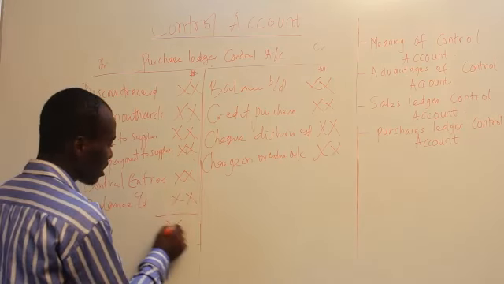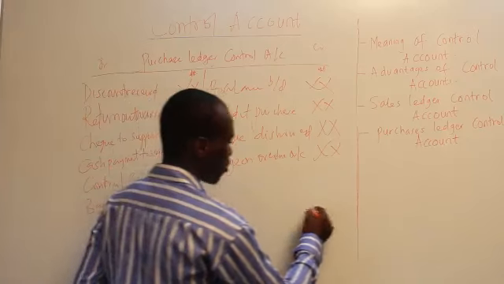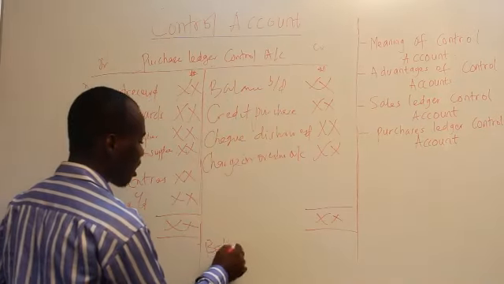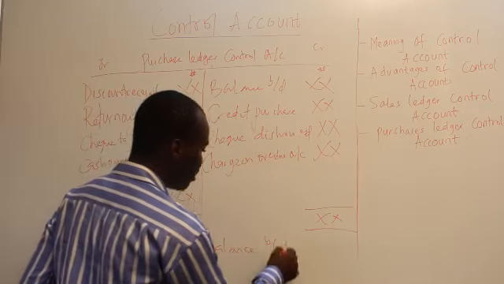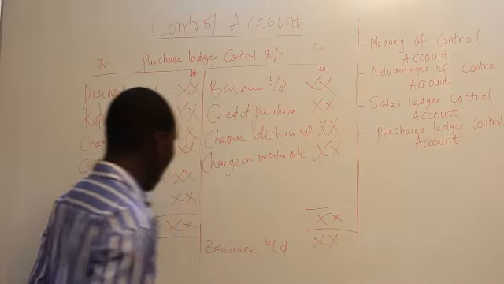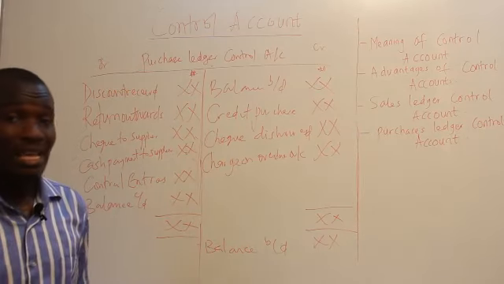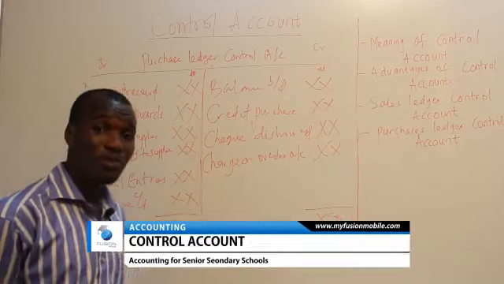So when our balance carry down, balance this, and that is all. The next one will be the balance brought down, and that will represent the total amount of debt to the supplier. So that gives us the total creditor balance at the end of the period.